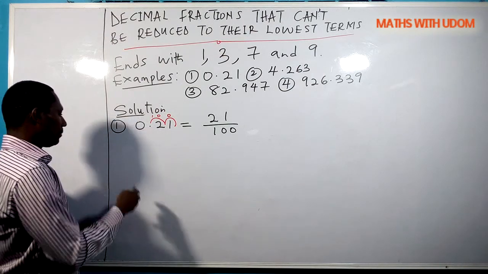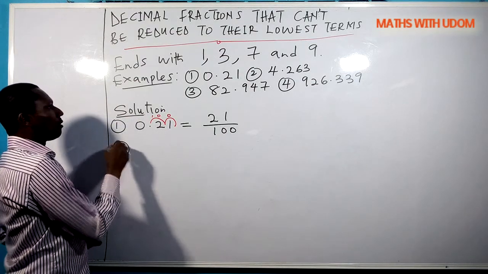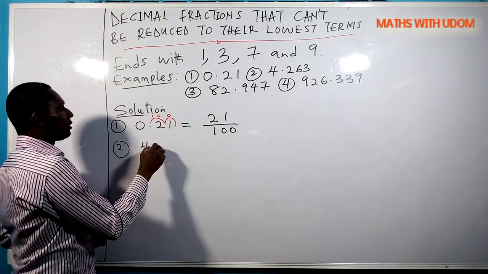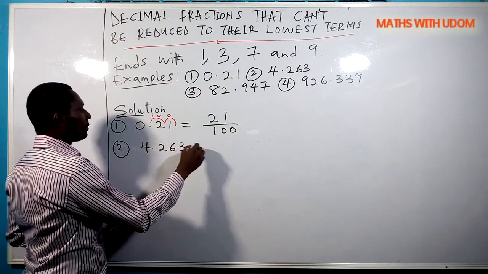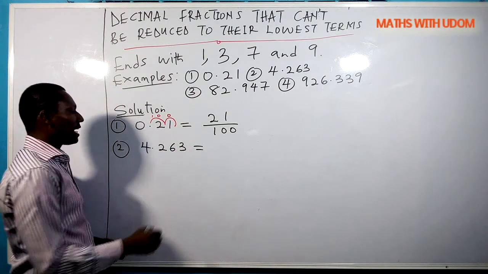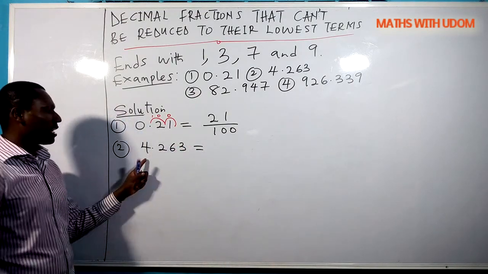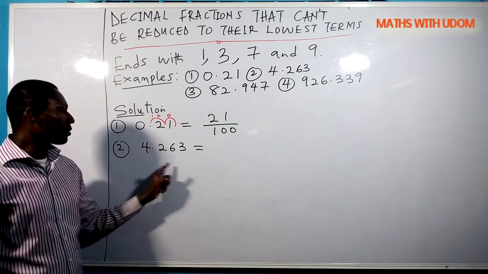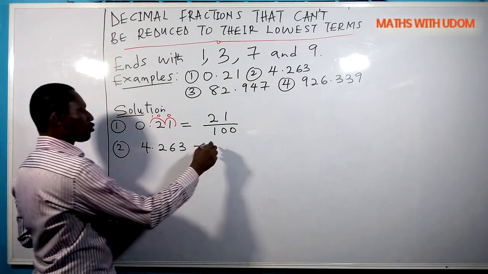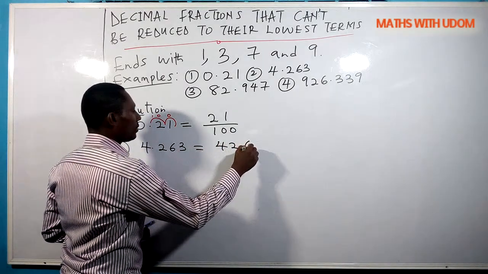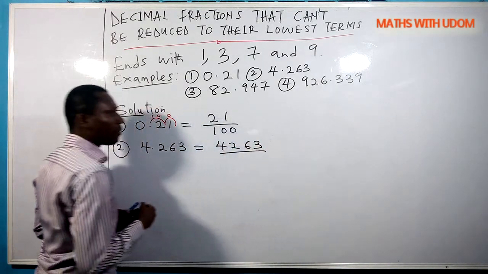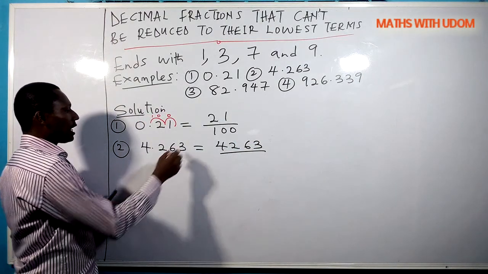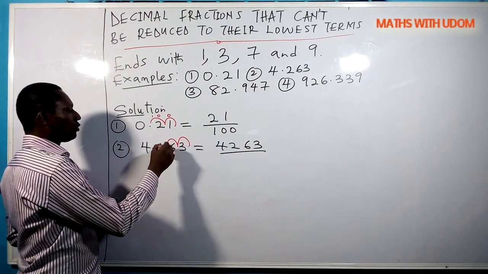Number 2, we have 4.263. This can be written as, of course, 4 is the characteristic, while 263 is the mantissa. So you write 4 263 divided by what? We have 1, 2, 3.